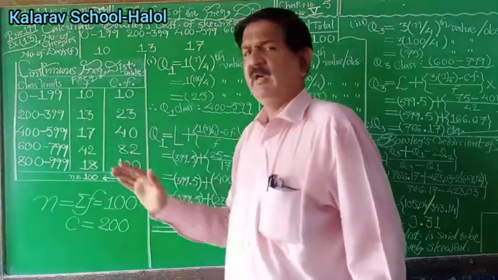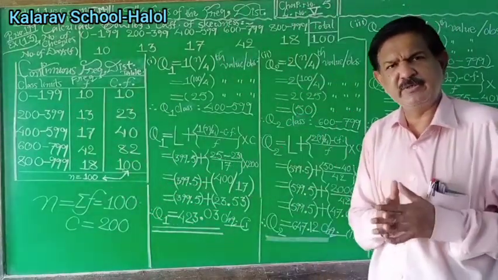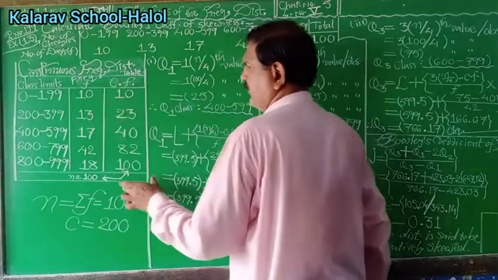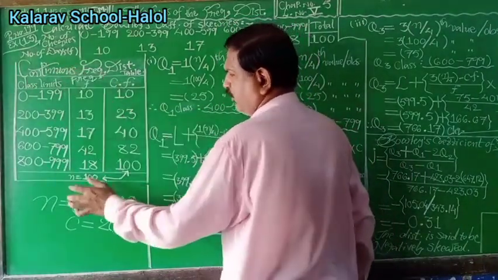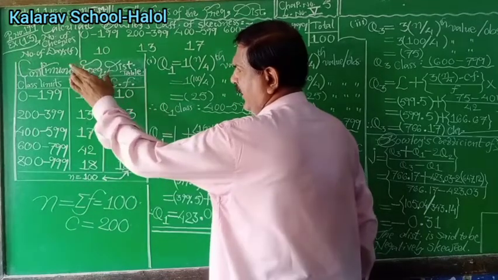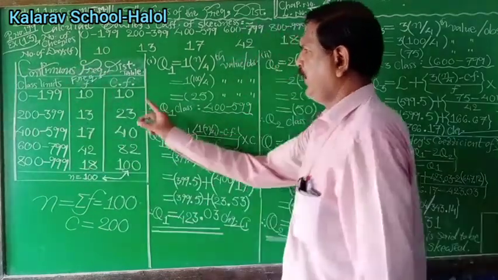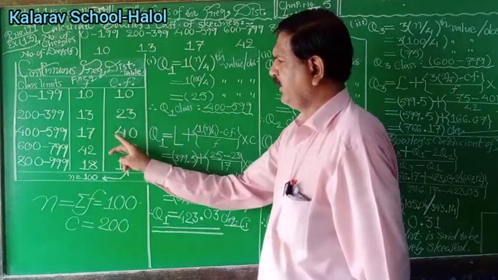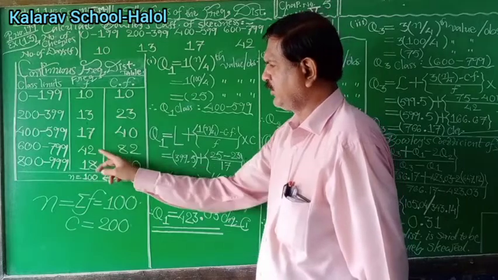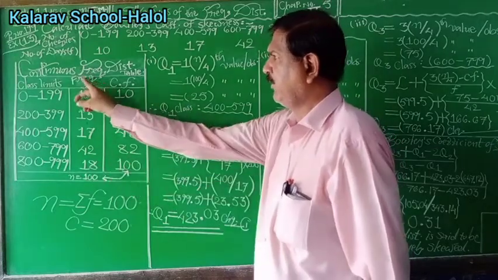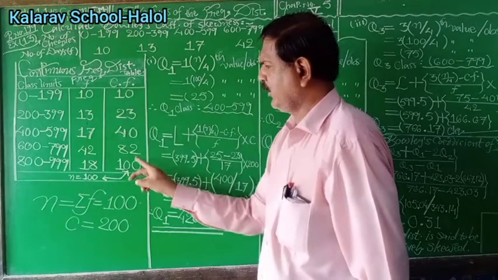The required table is a continuous type frequency distribution table, with class limits, frequency and cumulative frequency. Frequency total is n equal to 100. Now 10 as it is, then add successive frequencies: 10 plus 13 is 23, plus 17 is 40, plus 42 is 82, 82 plus 18 is 100. The sum of all frequencies equals the last cumulative frequency.